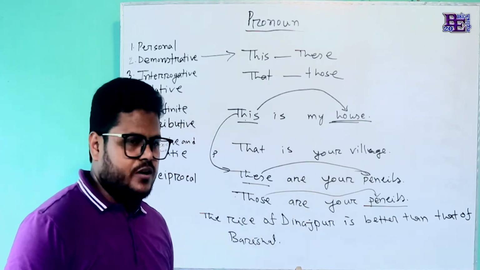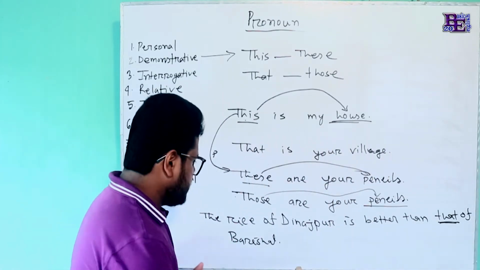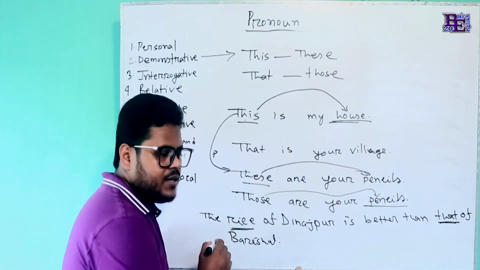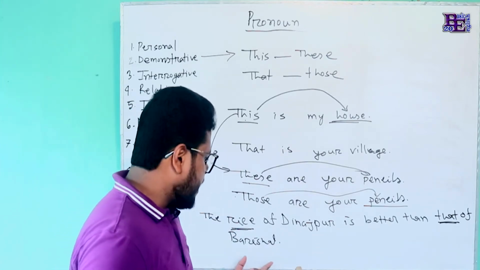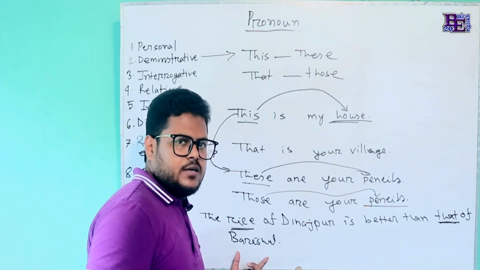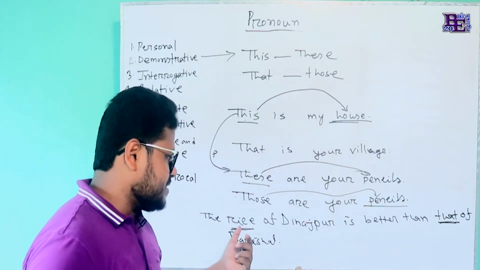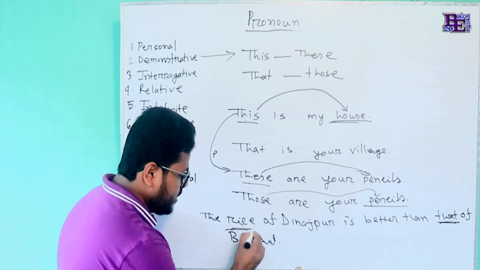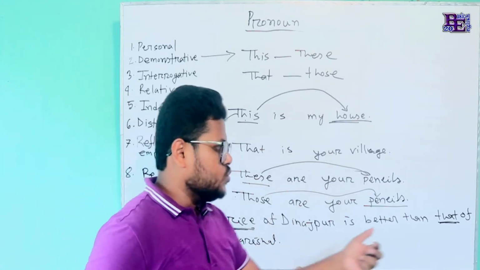Okay, here we are using the pronoun that. That is used instead of the rice. Okay, so we are comparing the rice of Dinajpur and Borishal. Okay, so here we have used that instead of the rice, but if the noun here is plural, then we have to use those over there.